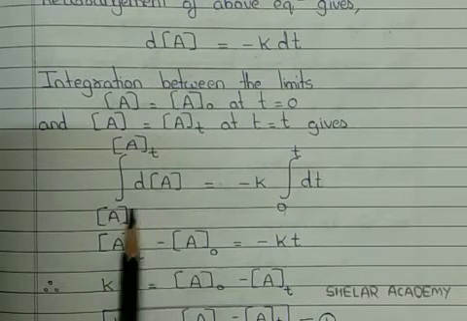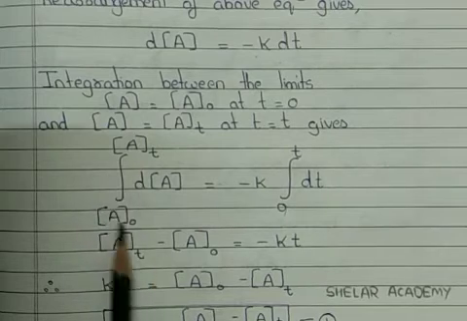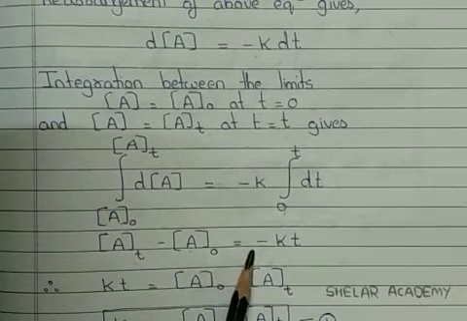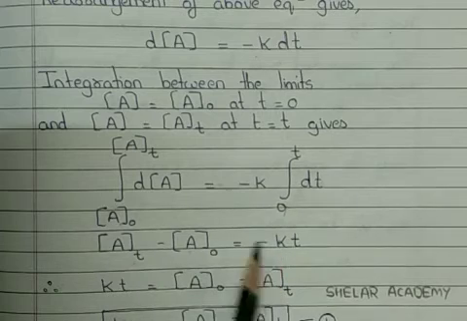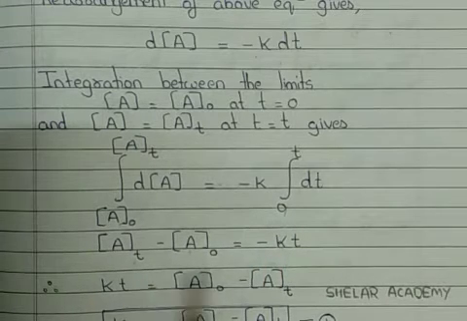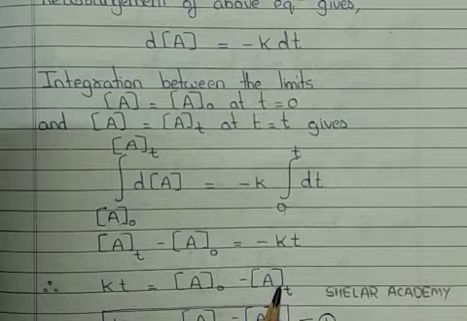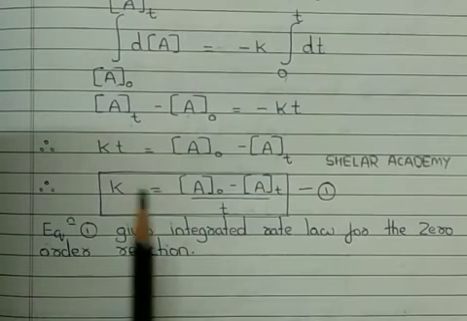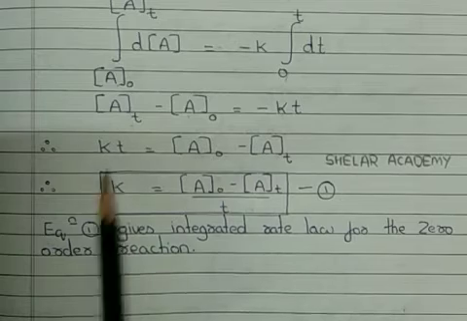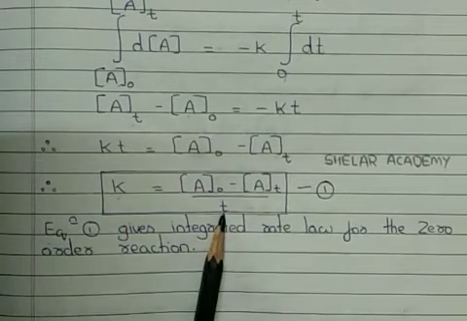If we apply integration, we simply get concentration At minus concentration A naught equal to minus kt. If we rearrange this equation a bit, we get kt equal to A naught minus At. Further rearrangement gives k equal to A naught minus At upon t.